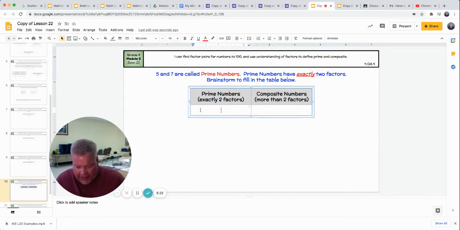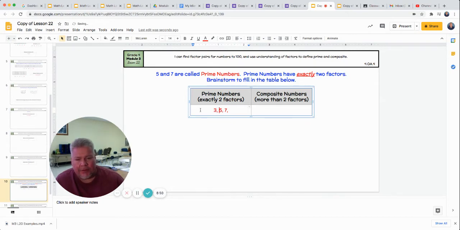So we know 5 is a prime number, 7 is a prime number. It looks like we're counting by odd numbers, 5, 7, 9. You think 9 would be? No, because 3 times 3 is 9. What about 8? No, 1 and 8, and 2 and 4. Let's go backwards. How about 3?